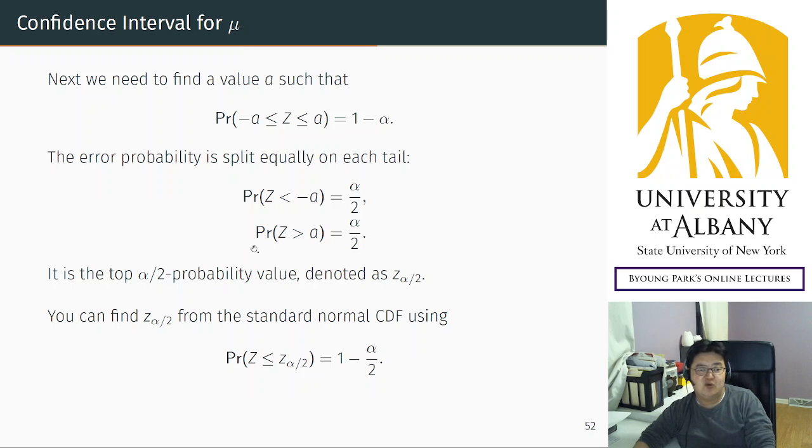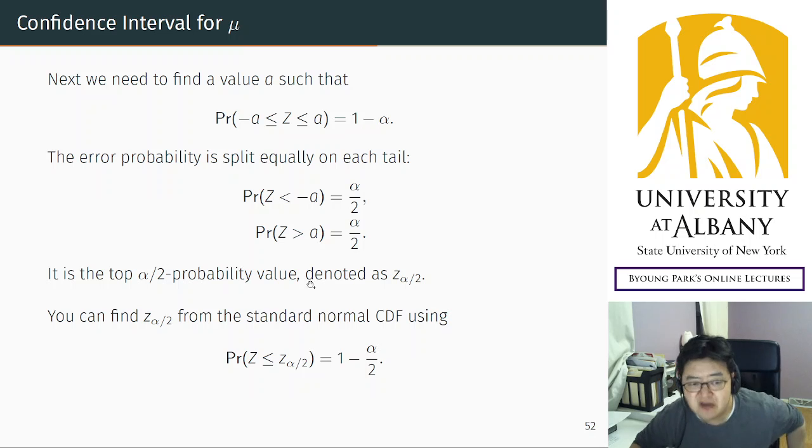Simply speaking, we may use the top alpha over 2 probability value, which we denoted in this way in chapter 6, when we learned the normal distribution. Lowercase z subscript alpha is the top alpha probability value, right? And then you may use a normal distribution table or calculator, like CDF, to find this value. Usually a calculator must have a simple way to calculate this, right?